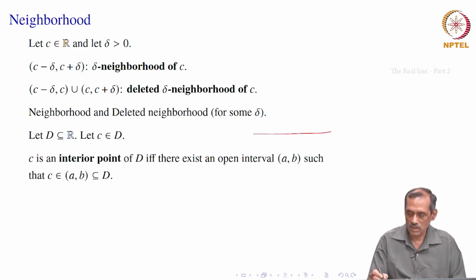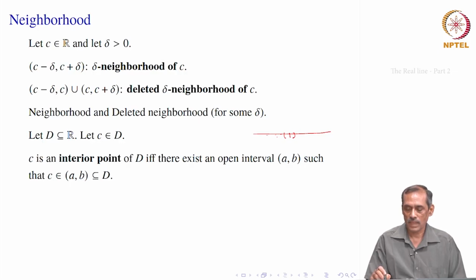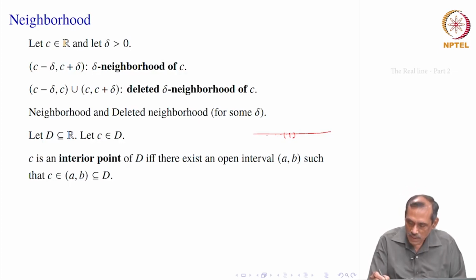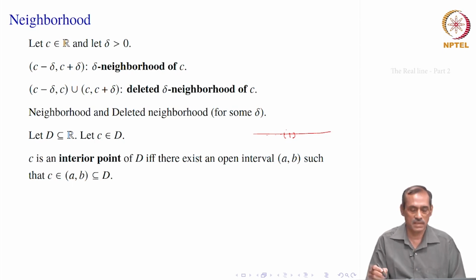So, that means if C is a point and D is a set, and if you take some C minus delta to C plus delta, how big the delta is we do not know, but some delta exists, such that such a neighborhood is completely contained inside D. So, that means if a point is missing anywhere, that will not satisfy this constraint.